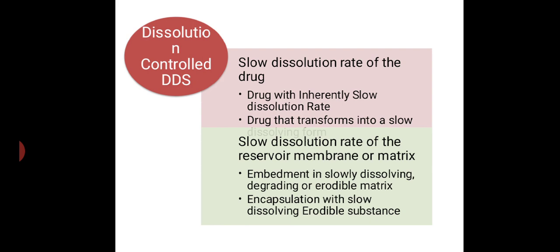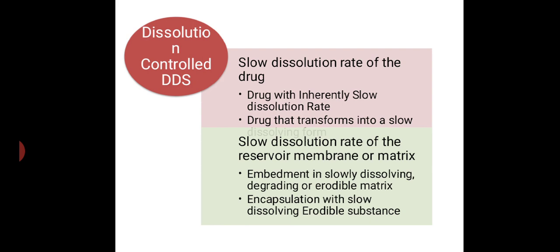Because of the slow dissolution rate itself, the drug is slowly solubilizing in the fluid and slowly only it can enter into the system. That means the drug molecule itself is a controlled dissolution or controlled release system. So the drug molecule itself exists in a controlled manner.